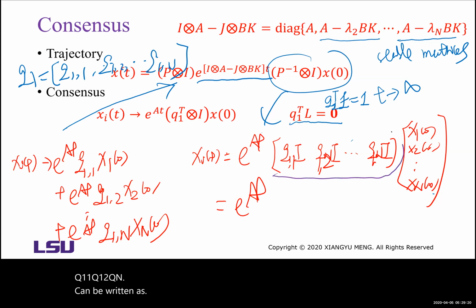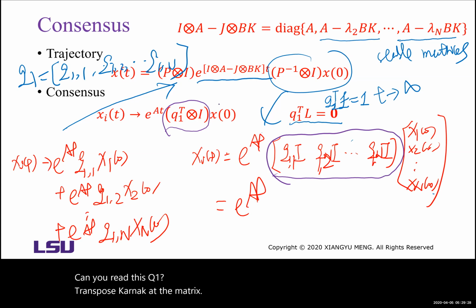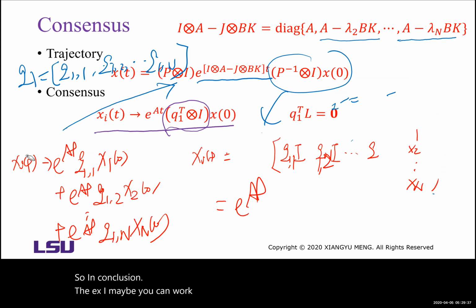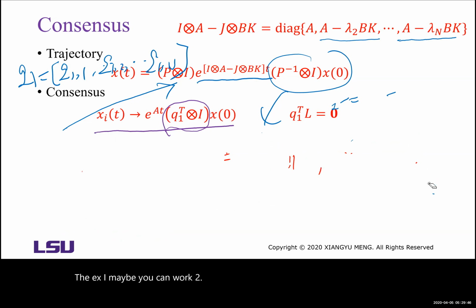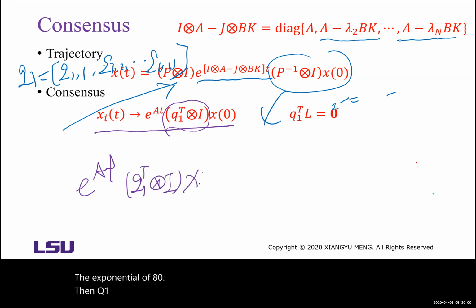So this part can be written as Q1 transpose Kronecker identity matrix. So in conclusion, all the xi will converge to the exponential of At, then Q1 transpose Kronecker I x0.